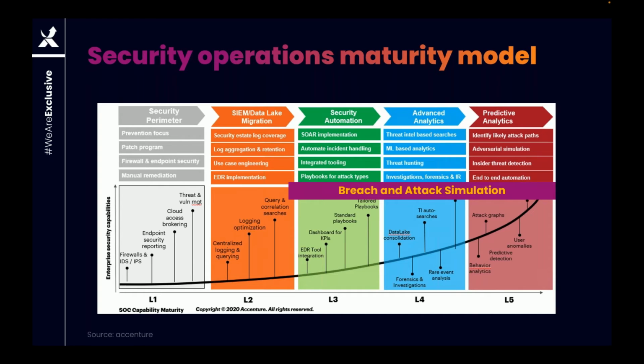Why? Because it will also show you your gaps and where you should invest first, because not every environment is the same. Everyone is doing this at their own pace, and it's very important that you see, okay, these are gaps that I have, and this is most critical at this point to invest in. So that's why we don't really agree that it is only for level 5.